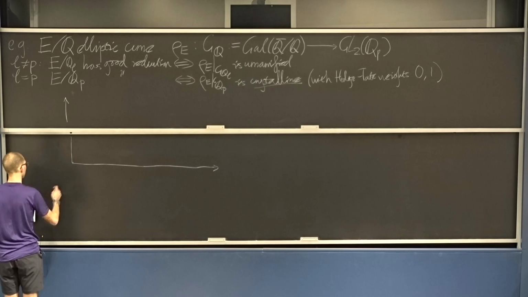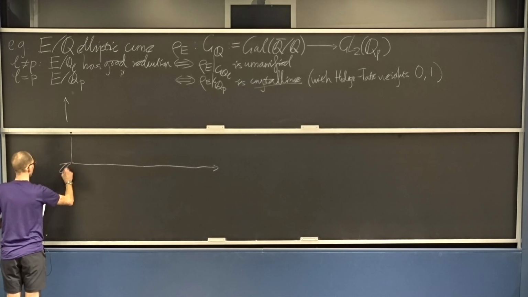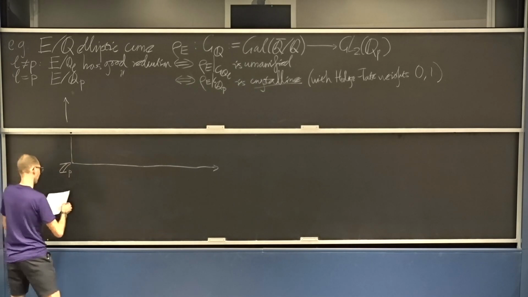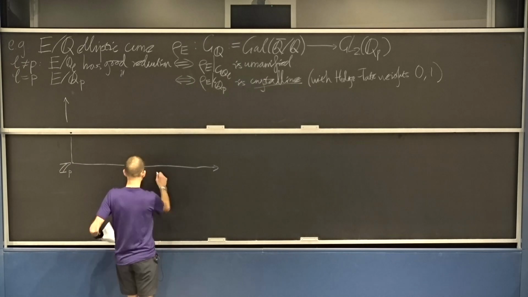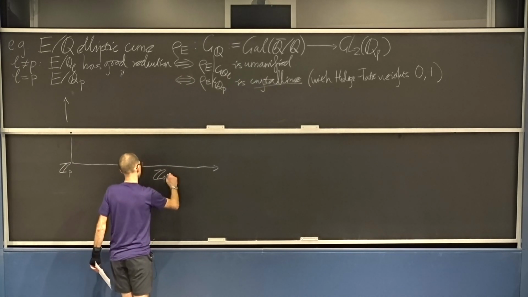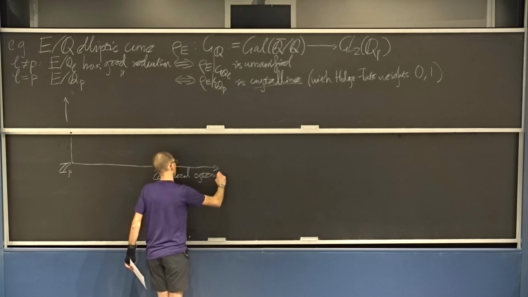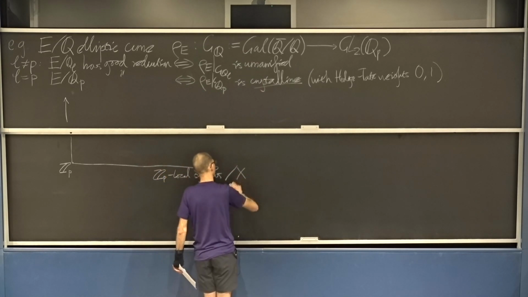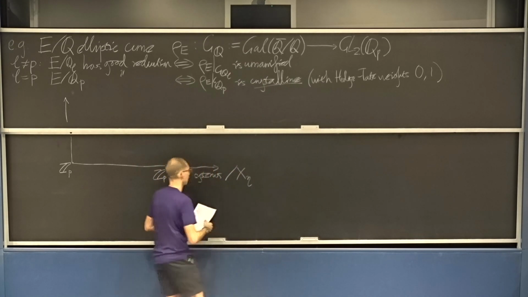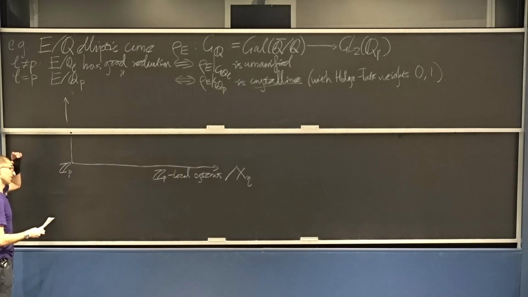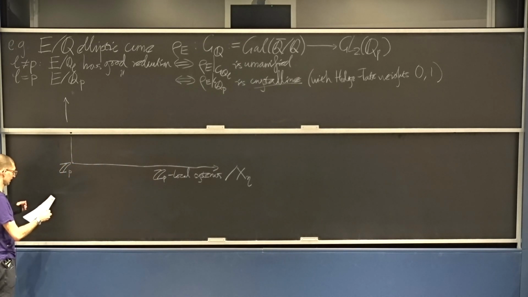So what's my picture? Here I want to write Z_p local systems over the generic fiber of some X, which might be perhaps a p-adic formal scheme.